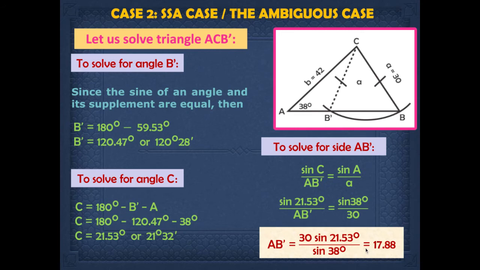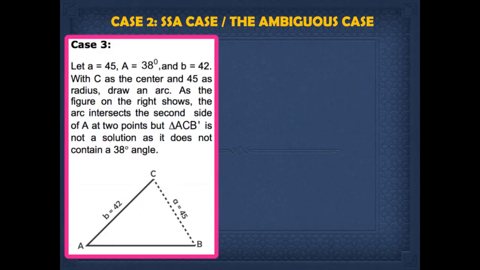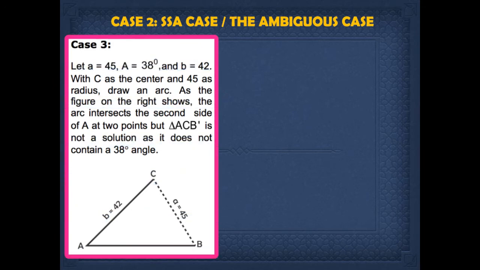That will give us 17.88. So now we were able to solve for triangle ACB prime as well. Now, this is also another case that may appear under this case 2 or SSA case. Now let's go to case 3.